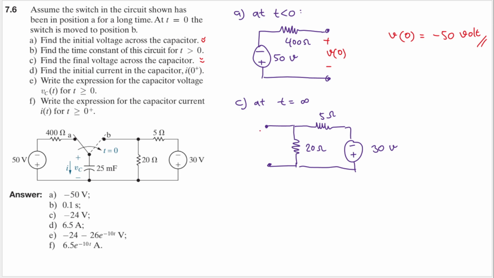And the voltage at infinity here is this one here. So we can just use a voltage divider here. So V infinity is equal to 20 divided by 20 plus 5 multiplied by minus 30. Okay, and that will be, what is it?